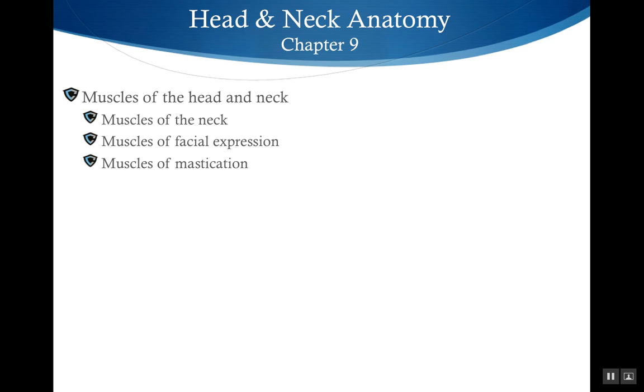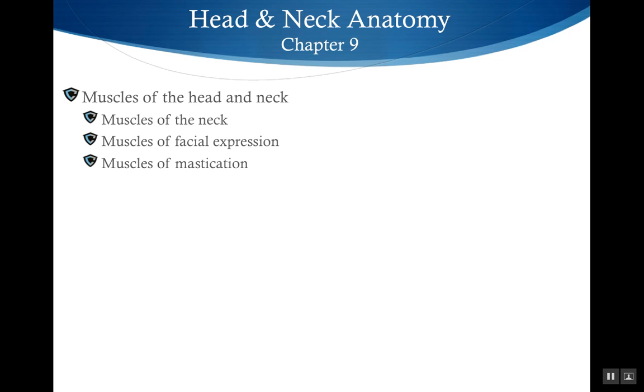Now the muscles of mastication are innervated by the mandibular or the 3rd division of the trigeminal nerve. That's also known as the 5th cranial nerve. So that 3rd division is also known as V3.